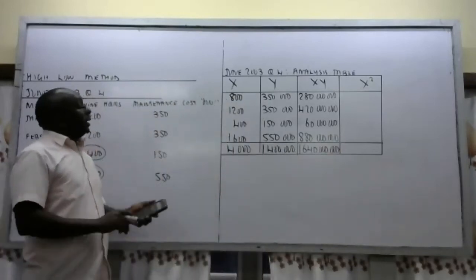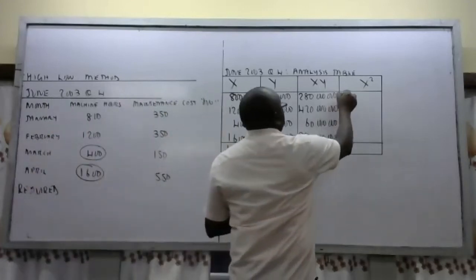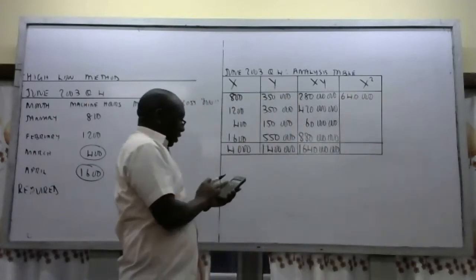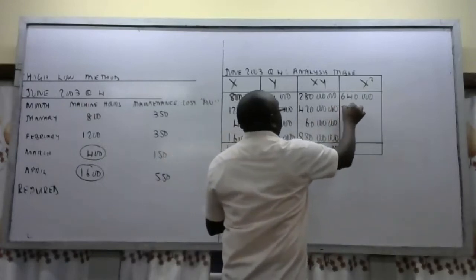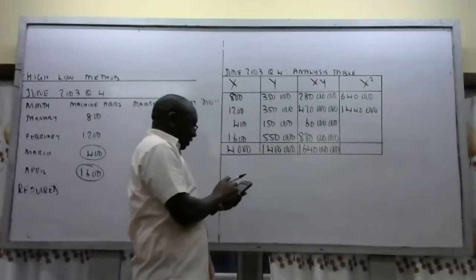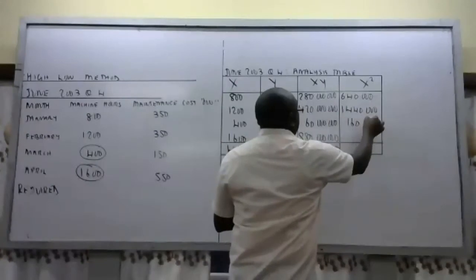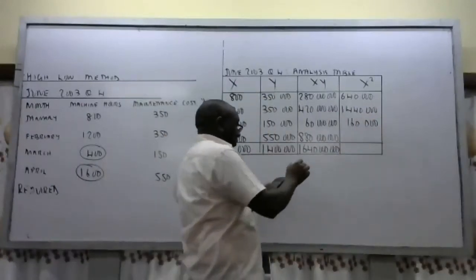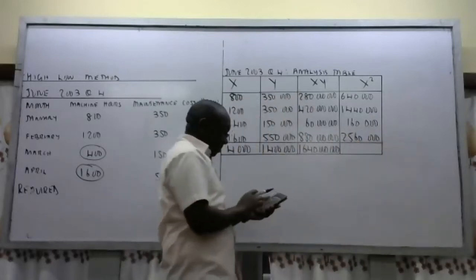640. Then 800 squared is 640,000. 1,200 squared is 1,440,000. 400 squared is 160,000. 1,600 squared is 2,560,000.